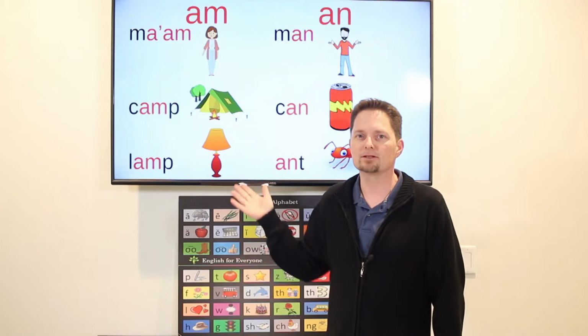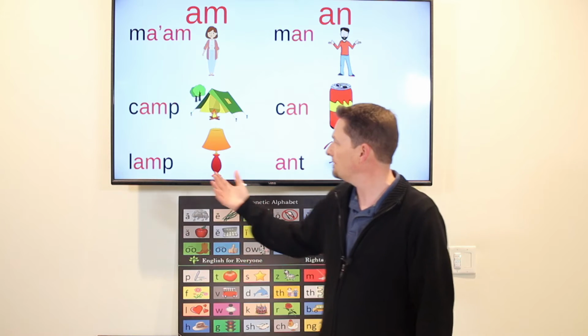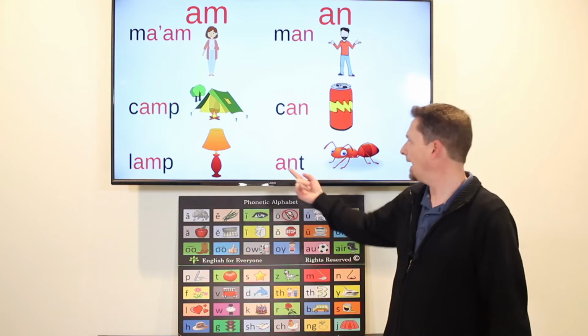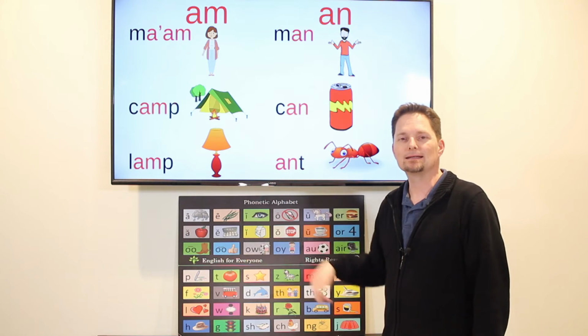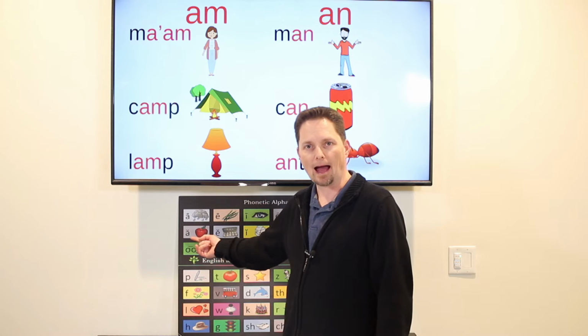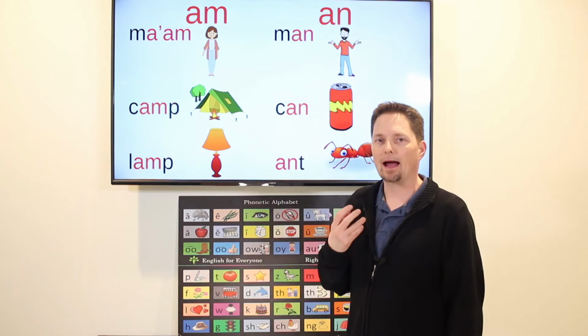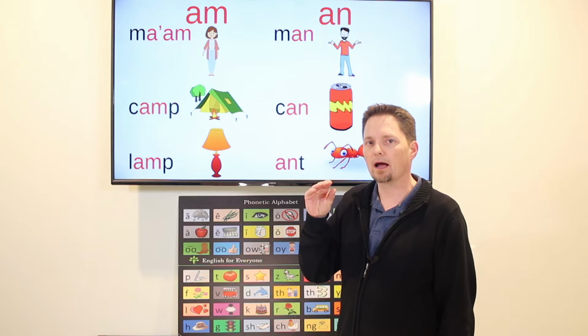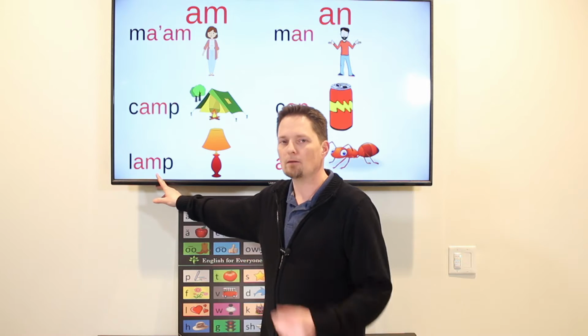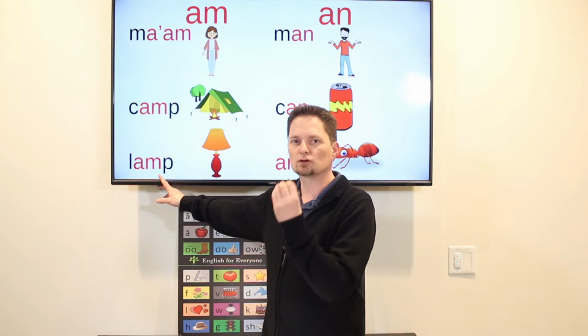Let's talk about a different ah sound. When you have ah before M or ah before N, it's a different sound. Apple. We take that sound ah and we close a little bit, and then we go to the M, and the sound gets shorter.